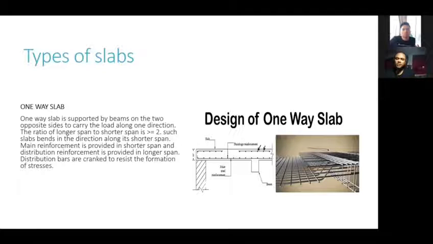Such a slab bends in the direction along its shortest span. Main reinforcement is provided in the shorter span and distribution reinforcement is provided in the longer span. Distribution bars are cranked to resist the formation of stress.